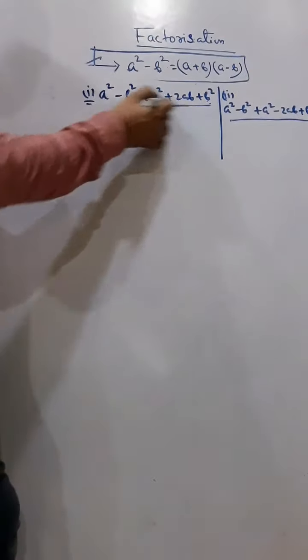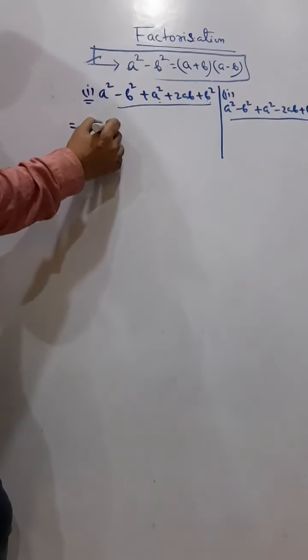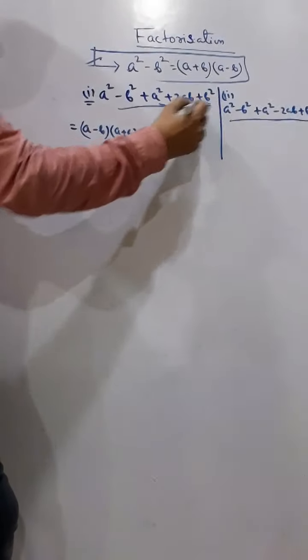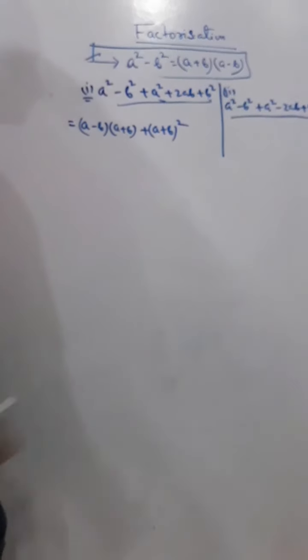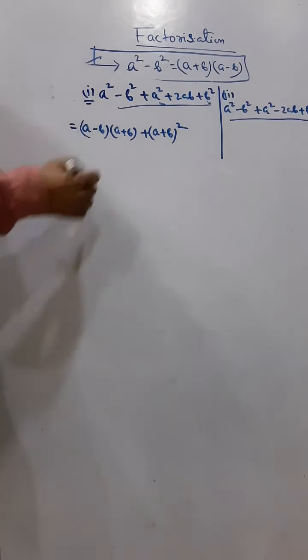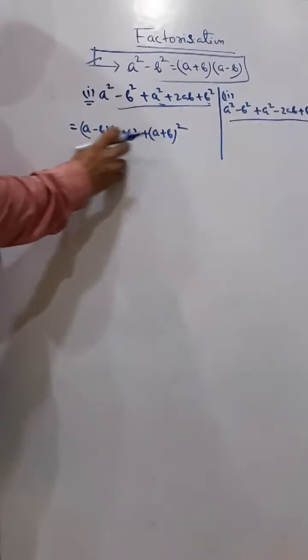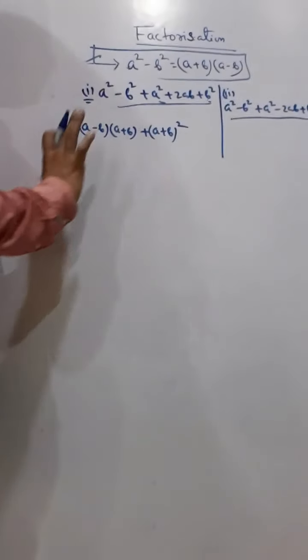Now once it is given in this form, what can I write? I can write this one as a minus b and a plus b, and I can directly write this one as a plus b whole square. And now again you have two groups, and in two groups you are having a plus b common.